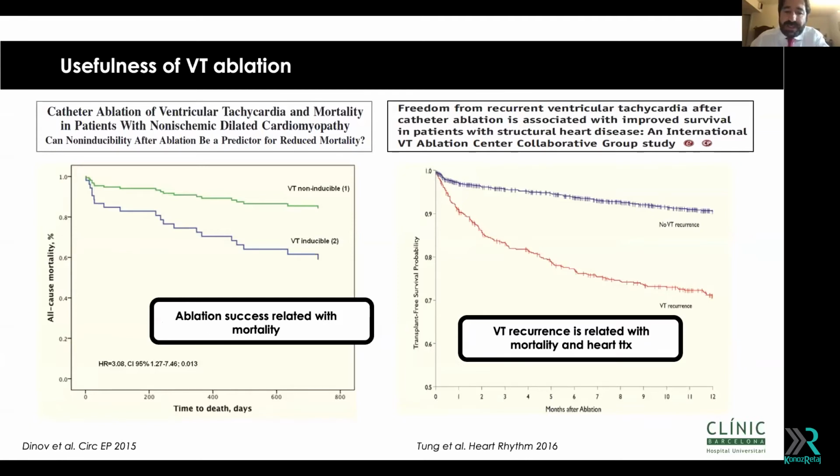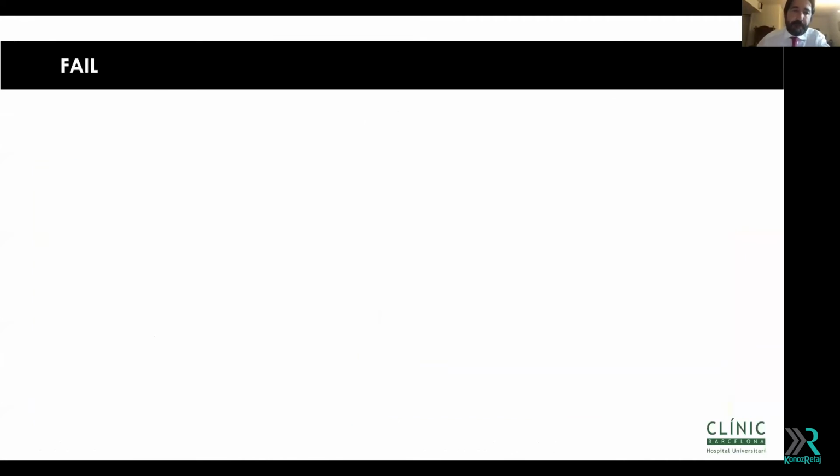Because if you are successful, you are improving the prognosis of the patients. Look at these Kaplan-Meier survival curves. In those patients that you are successful, you have less mortality and less rate of heart transplantation. So VT ablation is a really useful procedure. So we have to really improve our tools to achieve better results.